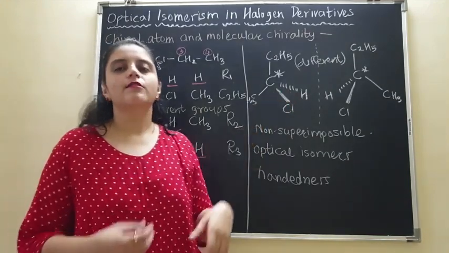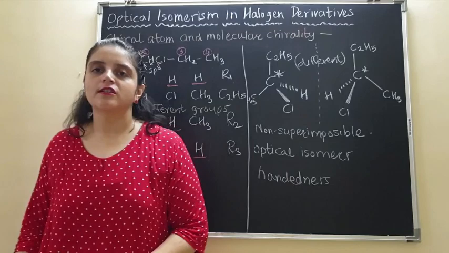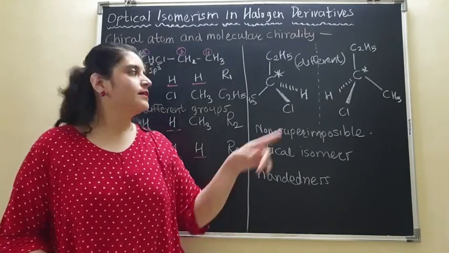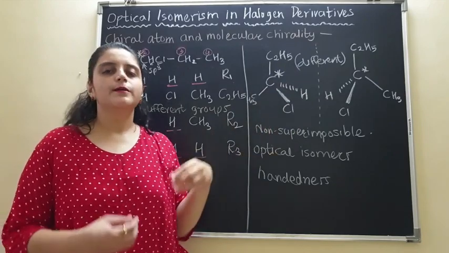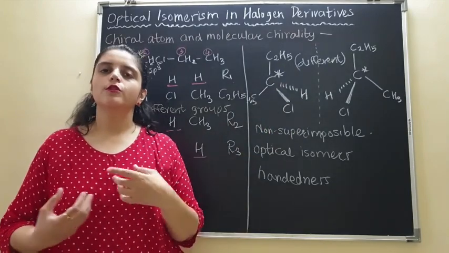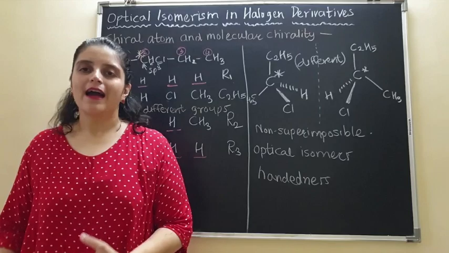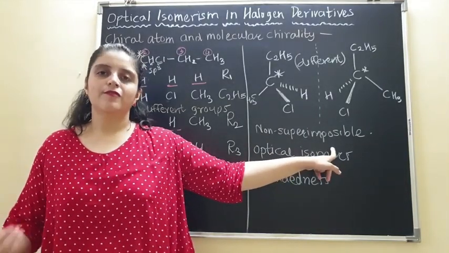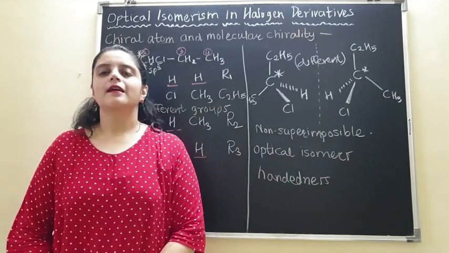If you write down the molecular formula or the structural formula, it looks the same. But in 3 dimensions, in space, the arrangement of atoms and groups of atoms is different. So such stereoisomers, which are non-superimposable mirror images of each other, are called optical isomers.